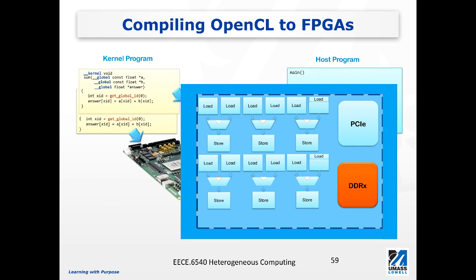Once you have it installed in your development machine, you can compile the host program and kernel program and run the binary on this heterogeneous architecture. When you compile a host program, the binary is designed for the host, which is typically an x86 or an ARM architecture. The kernel program is compiled into eventually a binary, and that can be loaded onto the FPGA.